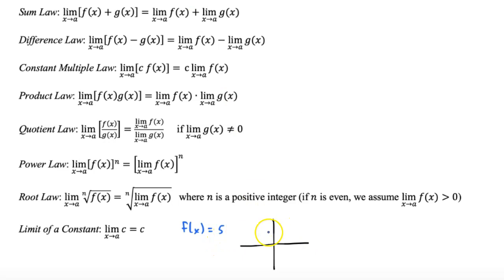Well, f of x is equal to 5 is also y is equal to 5, so that's going to be a horizontal line. Now let's say I want to find the limit as x approaches 3 of 5.